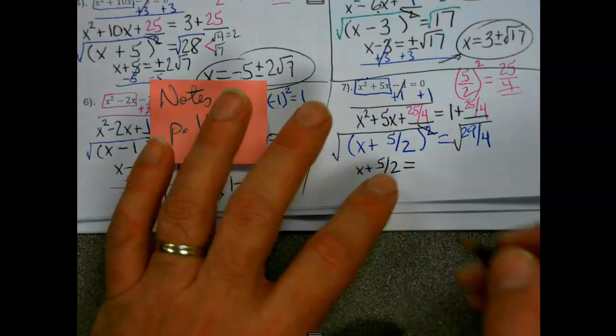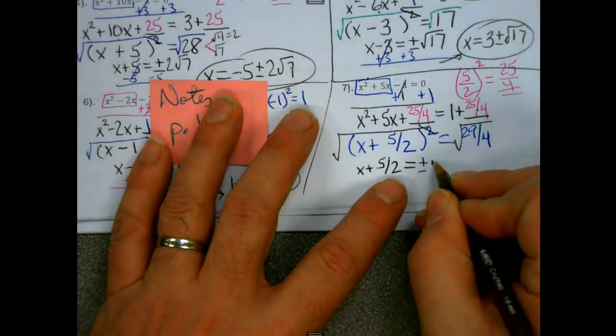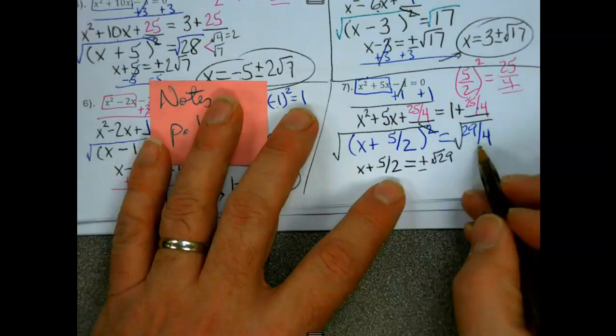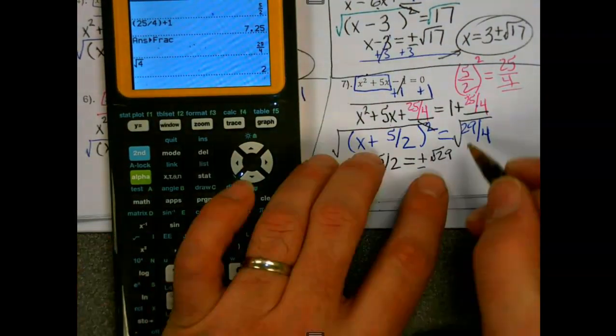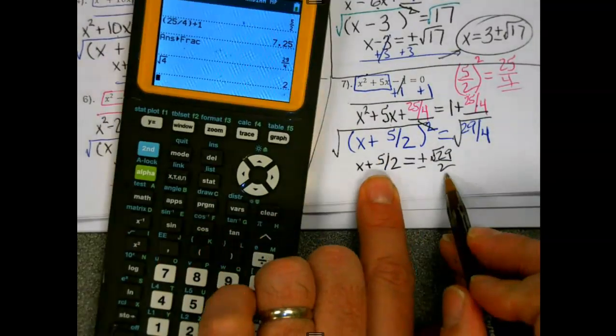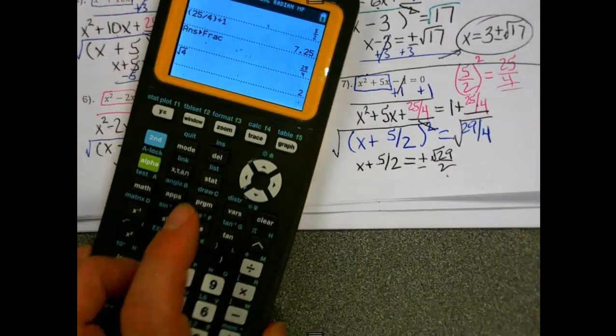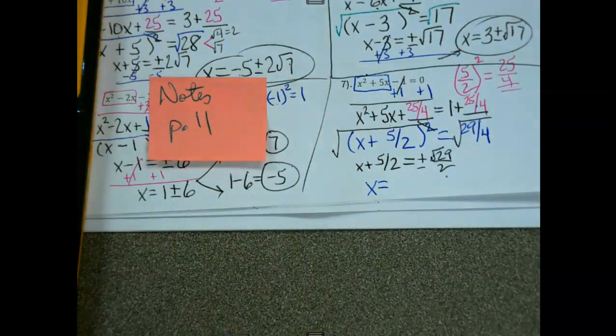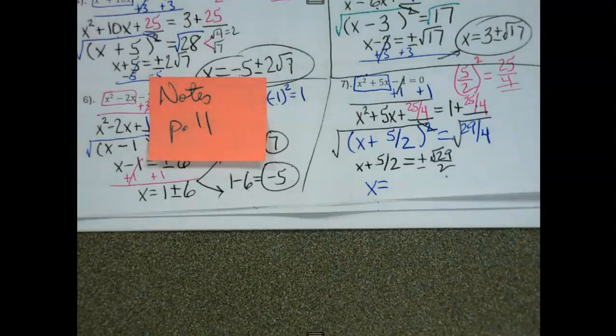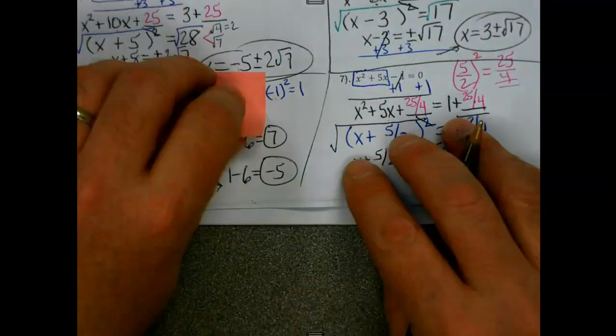Now, 29, I can't do a lot with 29. But the square root of 4, last time I checked, is 2. And all of a sudden, I have a common denominator. So what's my answer going to look like? It's going to roll the same way that the very first one we did, number 4, does.